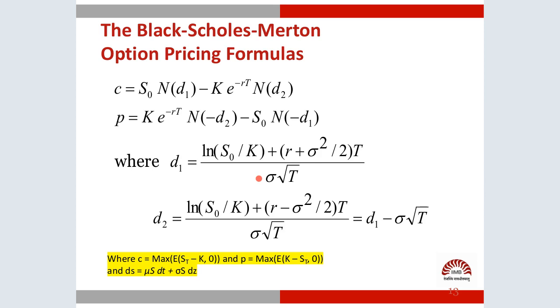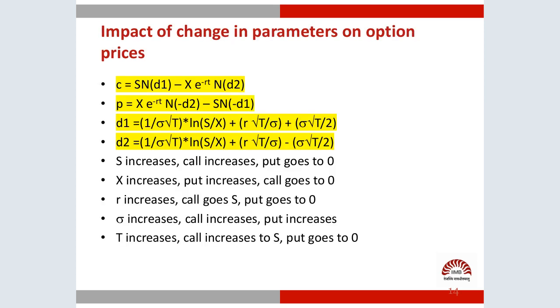Therefore, one can use simple algebra and work backwards to find the value of sigma, because effectively I will end up having one equation in one unknown, the unknown being sigma. So I can easily compute the value of sigma from there.